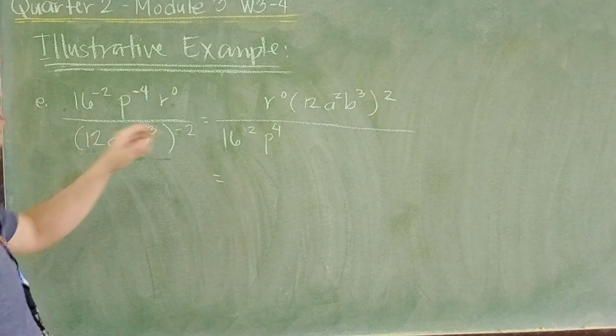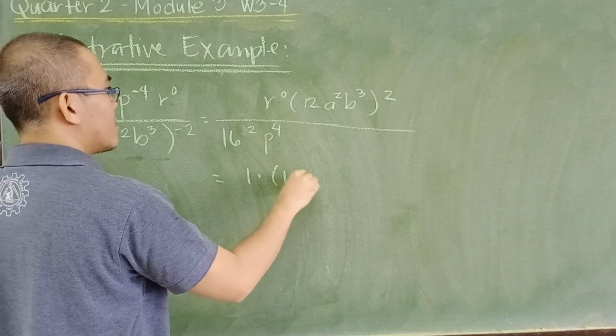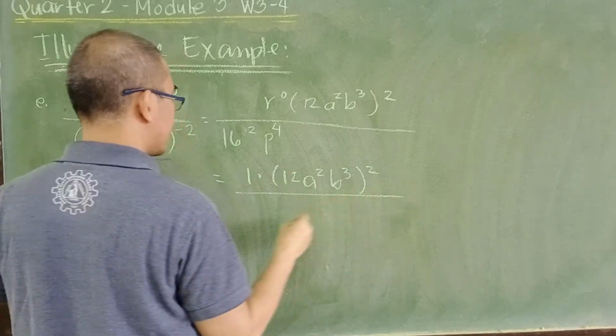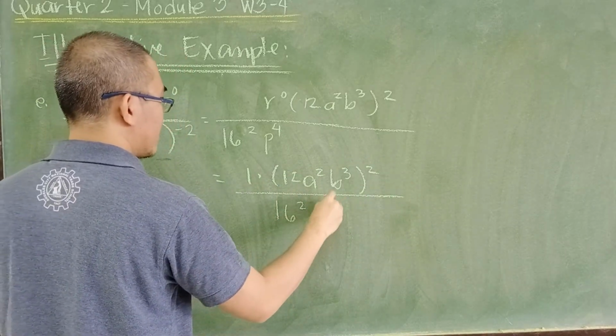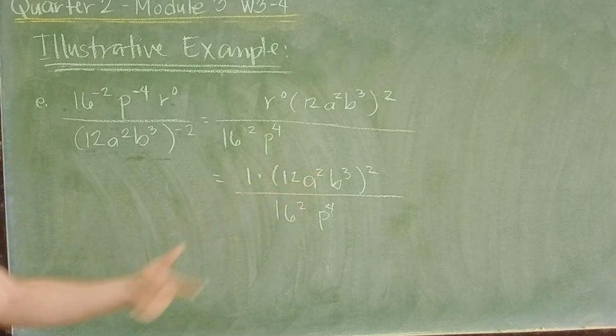Next. So, yung R raised to 0, pwede mo na palitan ng 1. And then, 16 raised to 2, P raised to 4. Next, so yung positive 1 na yan, pwede mo nang i-omit since 1 times this number is wala naman magbabago.